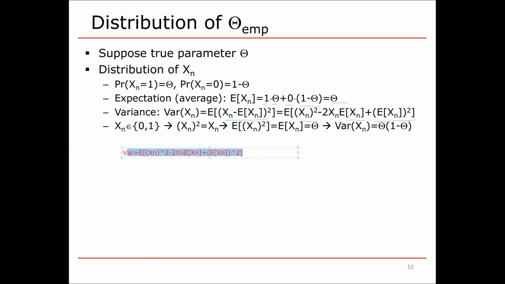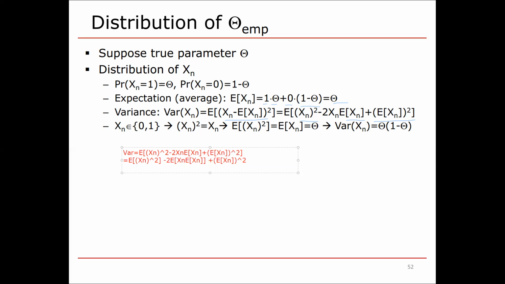Now you'll notice that, as we've said a few times, the expectation operator is linear, and so we have the expected value of the square of xn minus 2 times the expected value of xn times its expected value, plus, well, the expected value of the square of the expected value of xn is simply, because the expected value of xn is a constant, the square of E of xn.